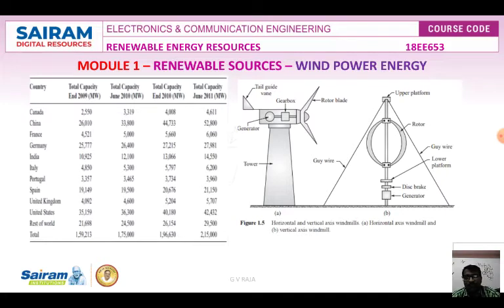In total, 215,000 megawatts of energy is generated from wind power stations. This is a vertical turbine, where the upper part is a platform to fix the rotor, and the disc and generator are kept here. Whenever this shaft rotates, it is connected to the generator, which generates the electricity.